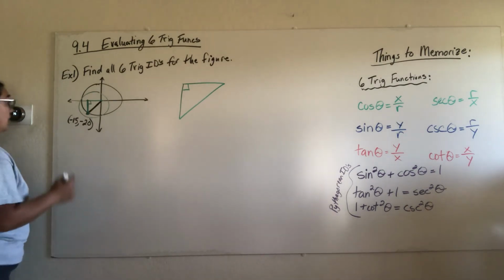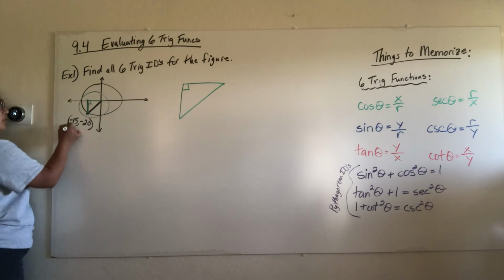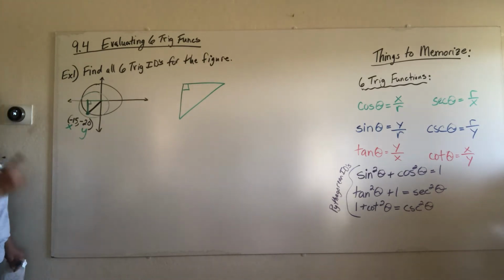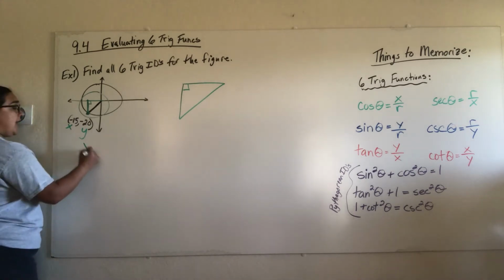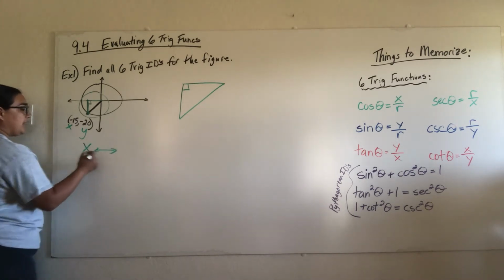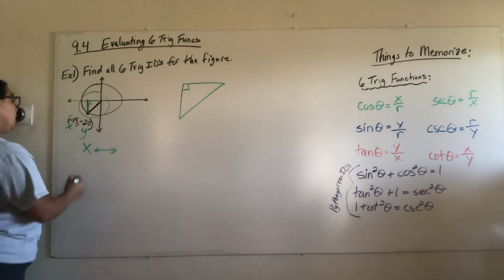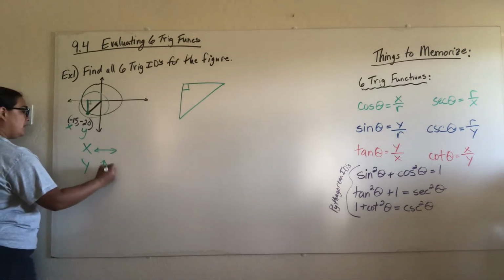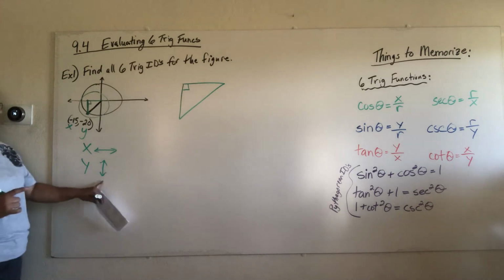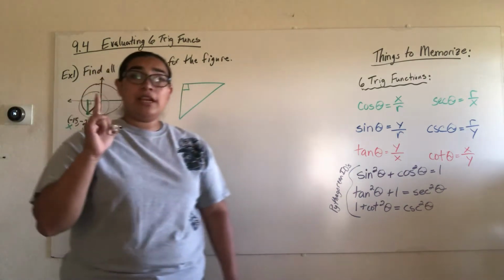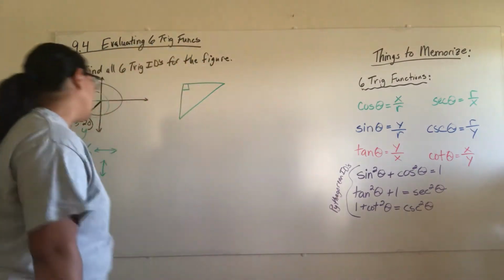So remember, on your points, you have x, then you have y. Now, the other thing I think is very important for you to keep in mind is that x goes left to right. So the x-axis is left to right. Your y-axis goes up and down. That's important because when you come to label your legs, you want to make sure that you're labeling your legs accordingly, okay?